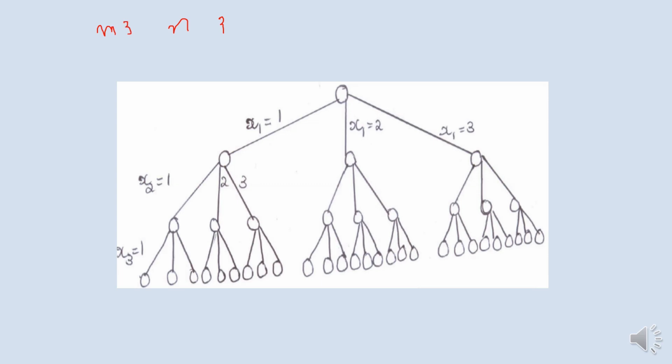At the root node, none of the vertices have been colored. At the first level, I am trying to get a color for vertex 1. So vertex 1 can be colored with any of the 3 colors, either with color 1 or with color 2 or with color 3. That is why we have 3 child nodes.